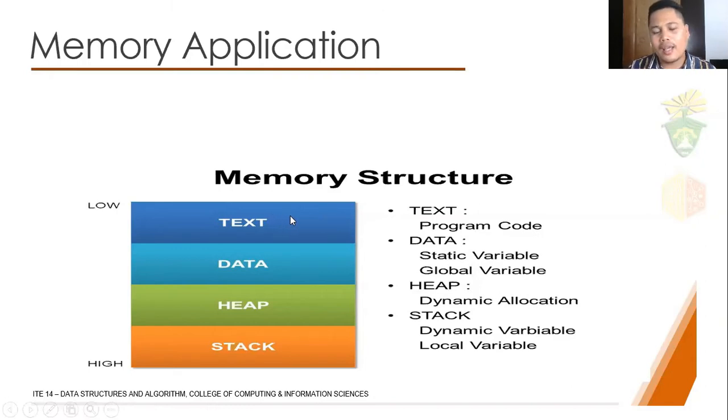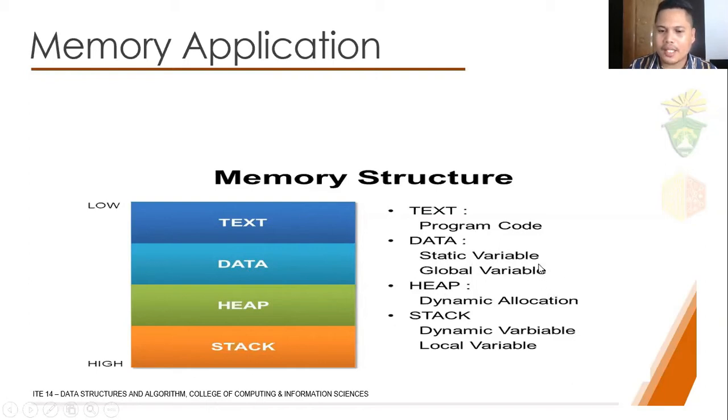I think that will be discussed in your OS or your command class in terms of how instructions are executed. Then for our data, this is where our static and global variables are stored.